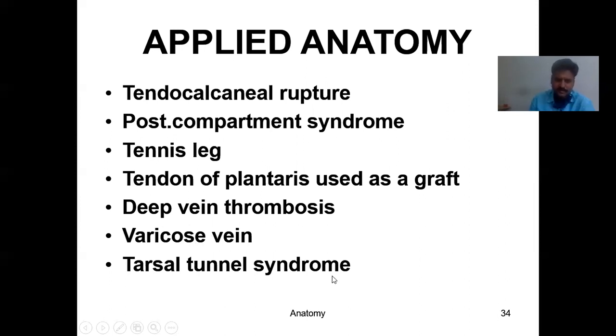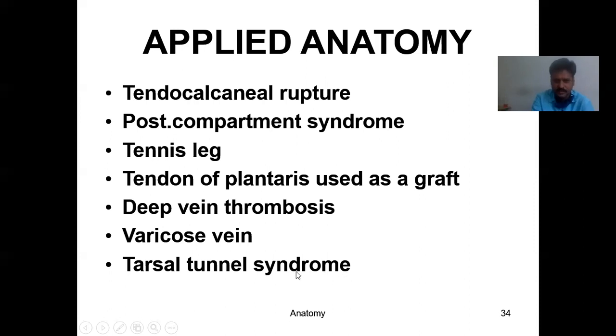And the tarsal tunnel syndrome. Mainly that is because of ankle sprains or any enlargement underneath the flexor retinaculum, which might compress the tibial nerve. The compression of the tibial nerve within the tunnel underneath the flexor retinaculum leads to the tarsal tunnel syndrome.